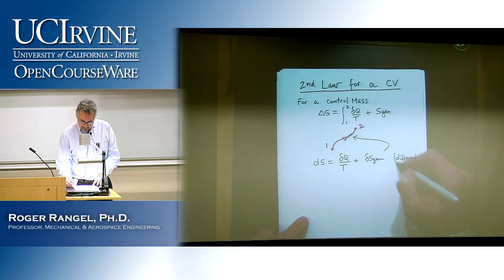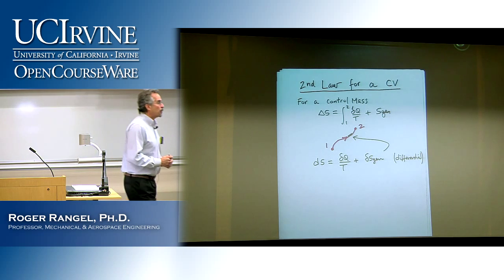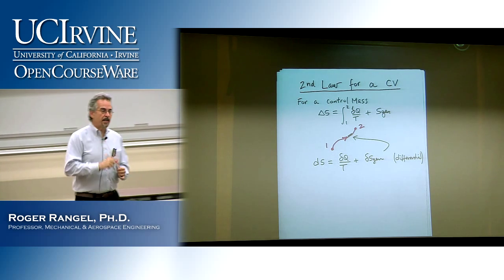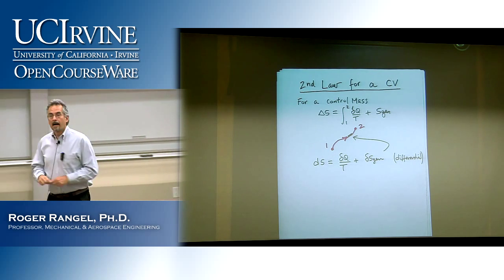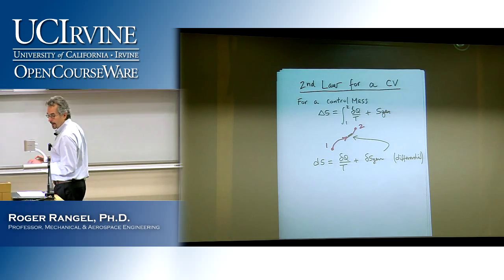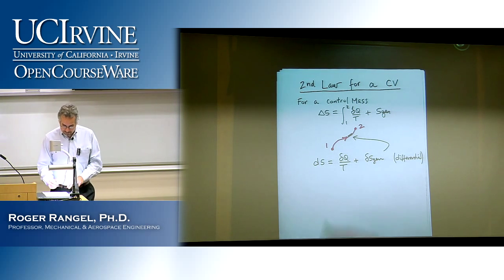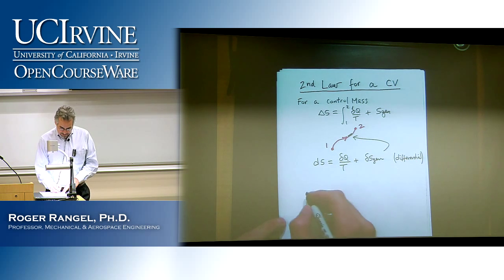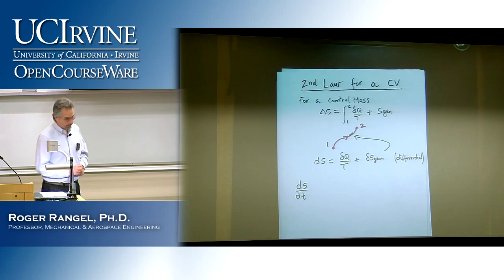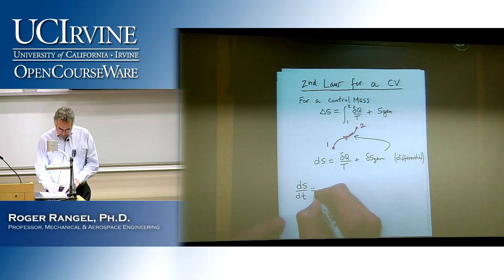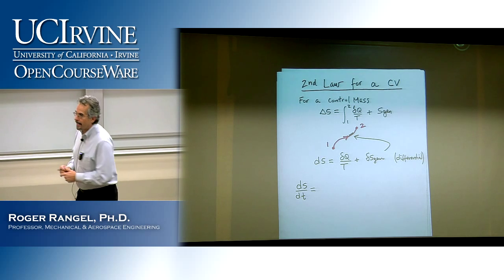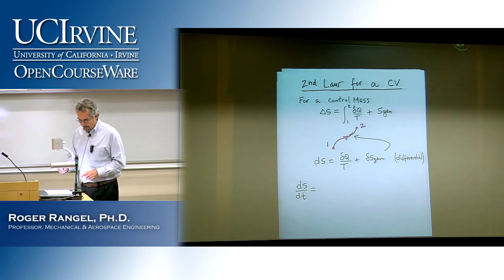And then I can obtain what we call the rate form. If I'm interested now not in the infinitesimal change dS, but in the rate at which that change occurs, then I can divide by the infinitesimal amount of time that has elapsed during that infinitesimal portion of the process, and then I can write dS/dt. Here I would have delta Q over dt. We have seen that before. We call it Q dot. This is the heat transfer rate.